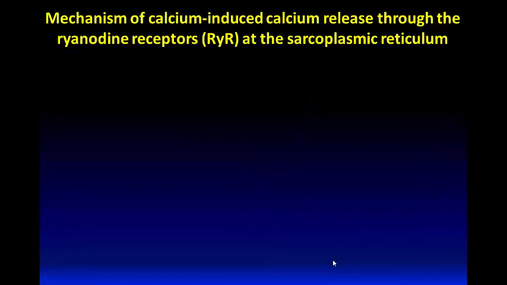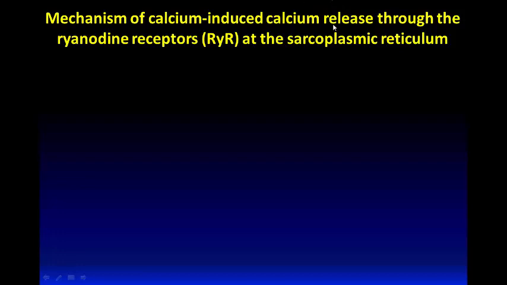The release of calcium from the sarcoplasmic reticulum of the cardiac muscle cells is induced by the influx of calcium through the voltage-gated L-type calcium channels in the transverse tubular system and in the sarcolemma. And this mechanism is known as calcium-induced calcium release.